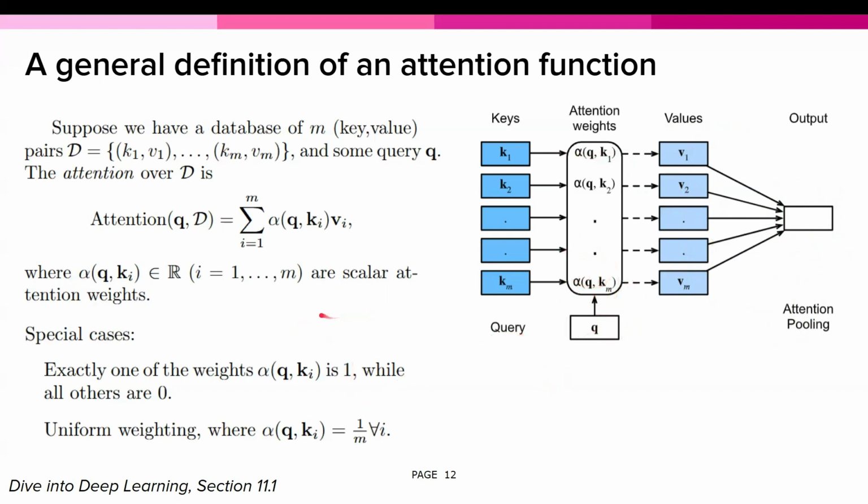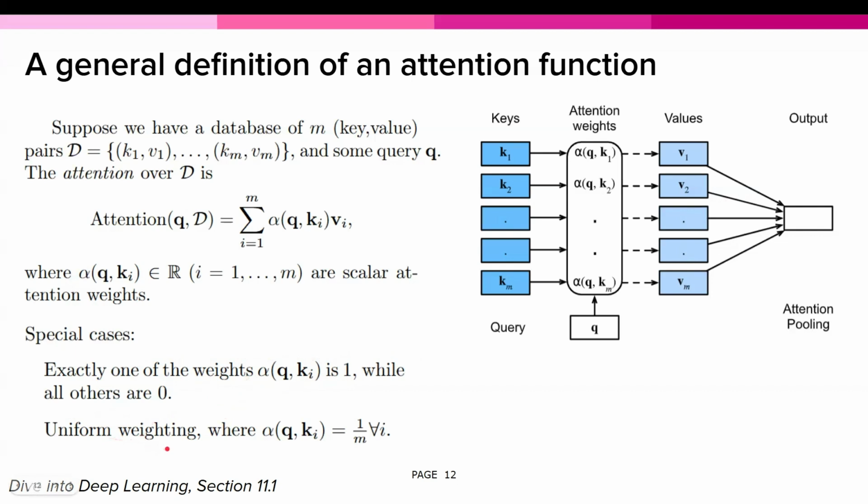A couple special cases can allow us to see the flexibility here. For example, if only one weight was set to 1 and the others were 0, you have a hard attention approach. That's going to basically just sift out one value, one vector. This would be similar to a traditional dictionary lookup.